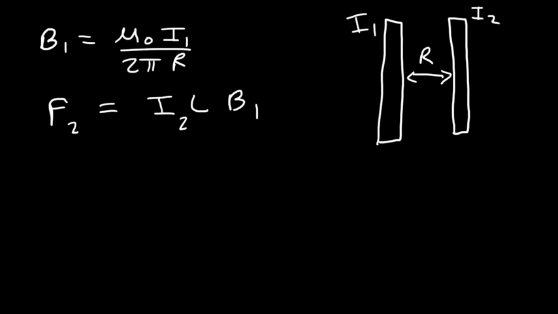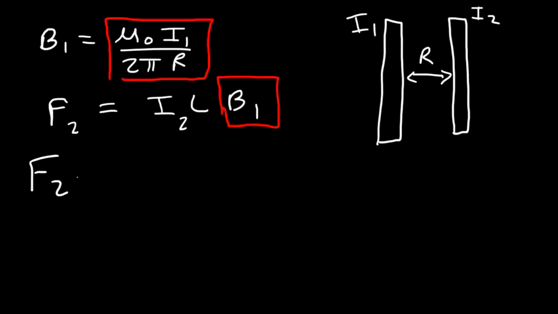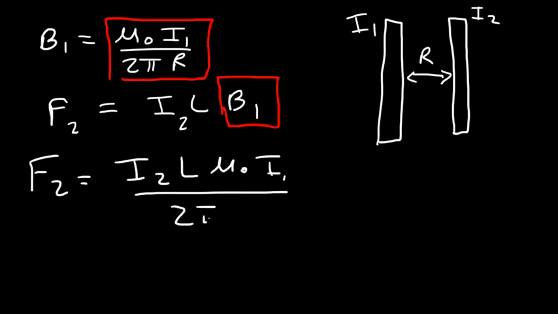So what we're going to do now is replace B1 with mu 0 I1 over 2 pi r. So it's going to be I2 times L times mu 0 I1 over 2 pi r. So that's how you can calculate the force between the two wires. F2 and F1, they have the same magnitude.